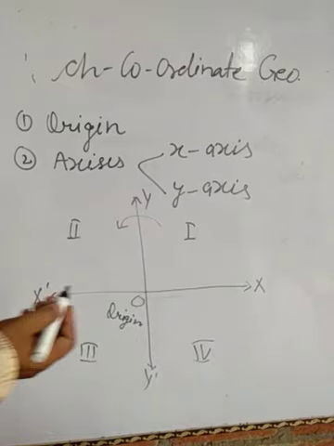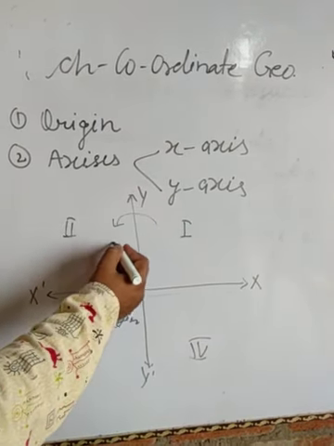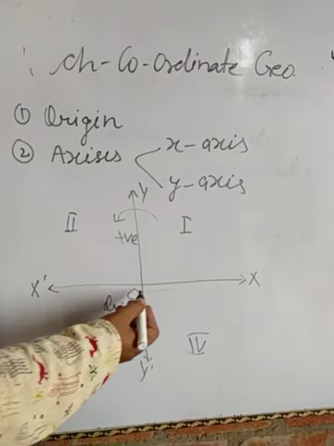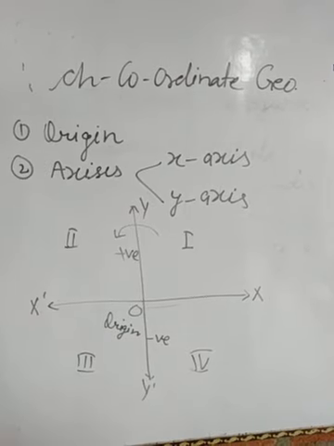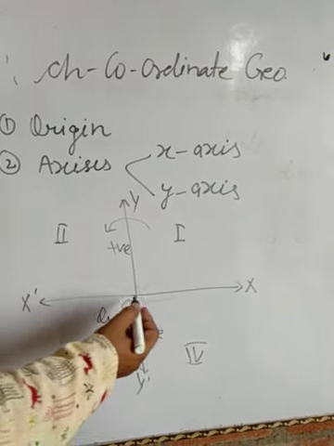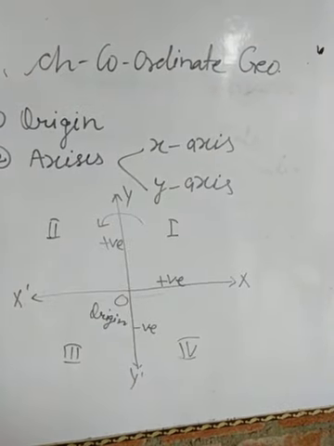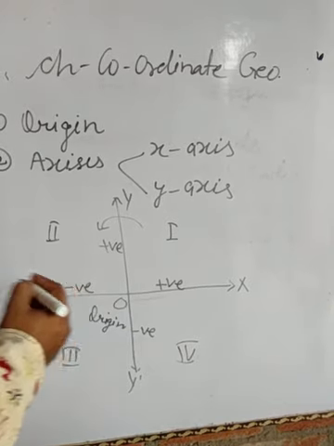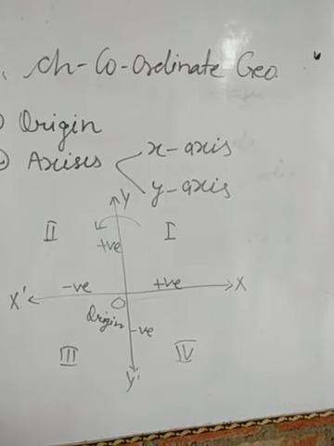With respect to the origin, the upper portion of the y-axis is the positive direction of y, and below the origin is the negative direction of y. To the right side of the origin is the positive direction of x, and to the left side is the negative direction of x. x means abscissa.